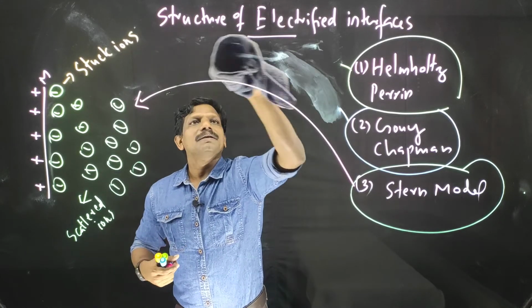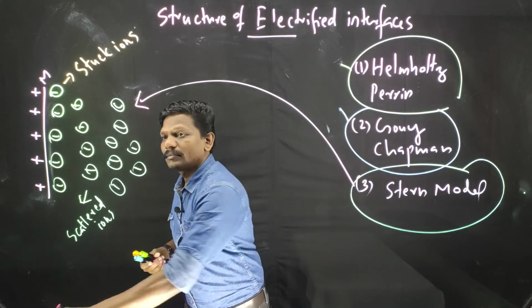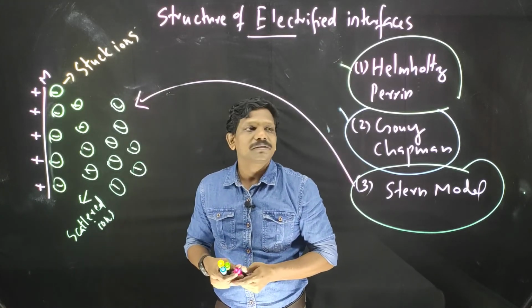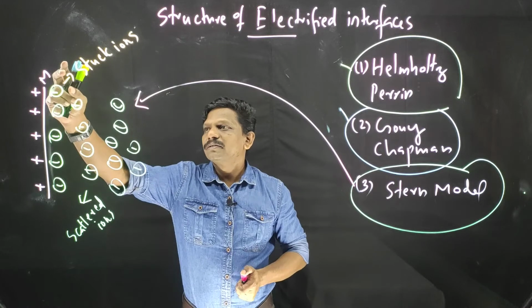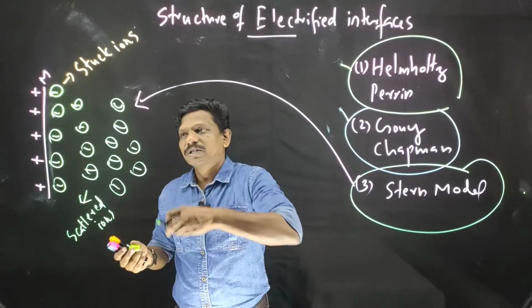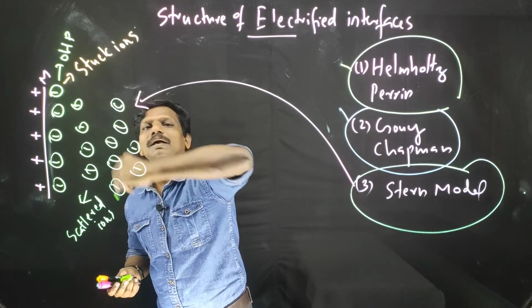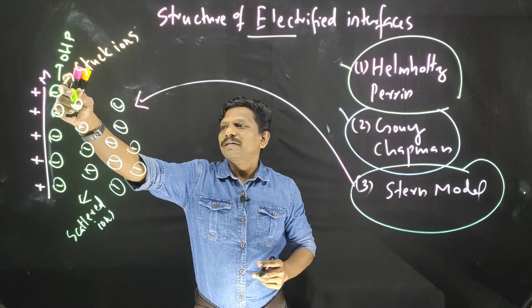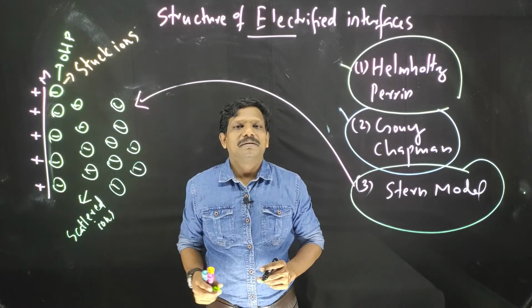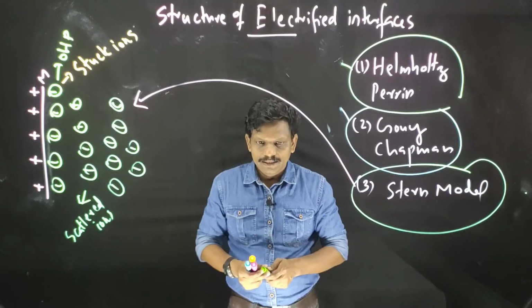So now you see, what do you mean by this combination? That means here he has not ruled out the existence of OHP. OHP may be there. OHP, that means the outer Helmholtz plane, may be there, but it is very close to the metal. And after that the variation takes place.